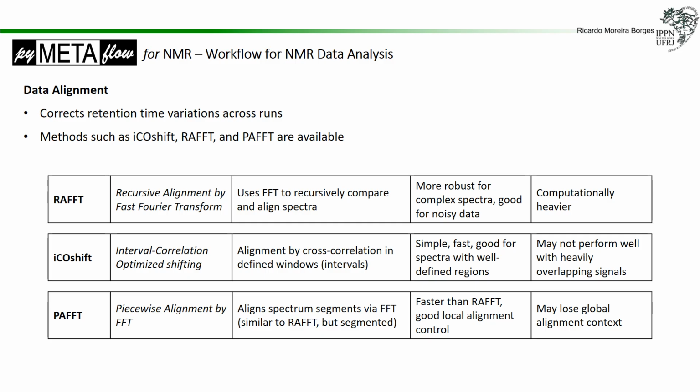What we need to know is that Raft is a little bit more computationally heavy, and PAFT may lose global alignment context, but it's faster than Raft. And IcoShift is simpler, right? It takes a moment just because of the warning plots, and may not perform that well for heavily overlapped signals. Mostly I've been using PAFT, right?